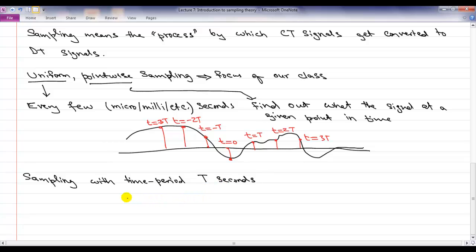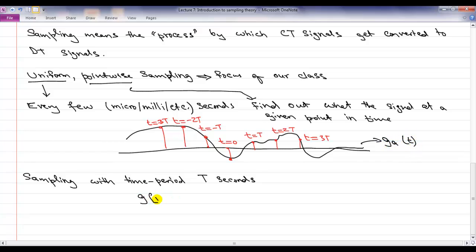And what you do is, whatever is the value of the function or signal at those instances of time, you record them into a sequence. And that's the way you obtain the discrete version of the signal. So let's say you have a signal, let's call the signal g_a(t).